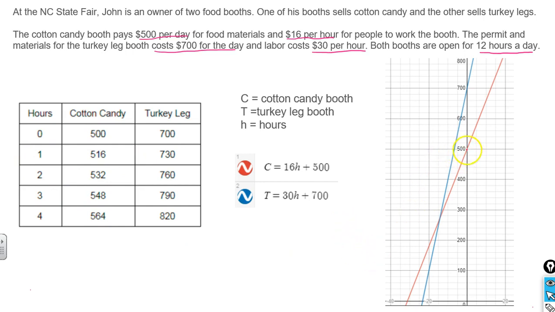We can see that the y-intercept is 500. That's our starting flat fee. And then we can see that the rate of change is $16 for every hour. With the blue line, or the turkey leg booth, we can see that its starting cost is $700. That's at 0 hours worked. That's the y-intercept, and then its rate of change is $30 per hour.